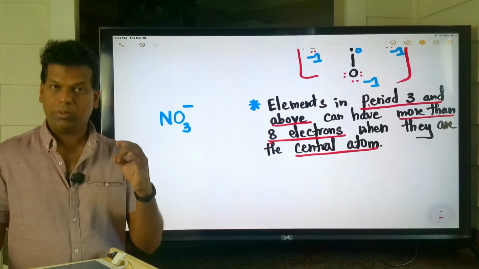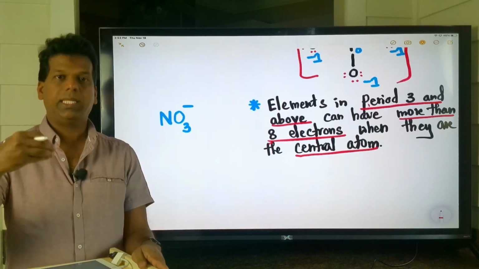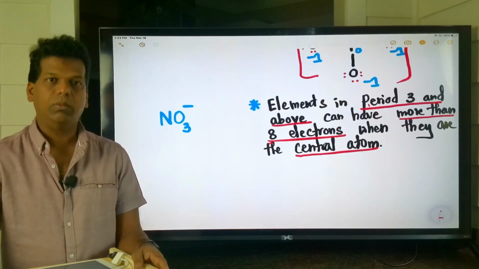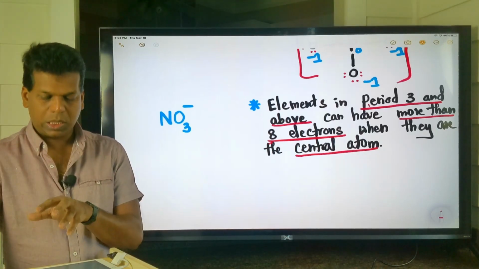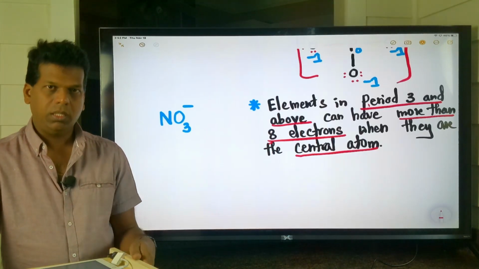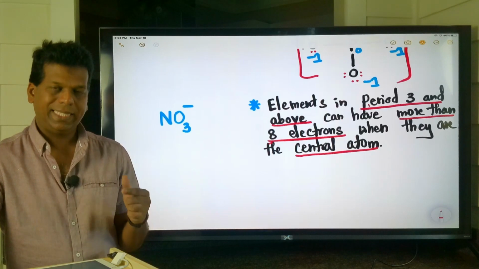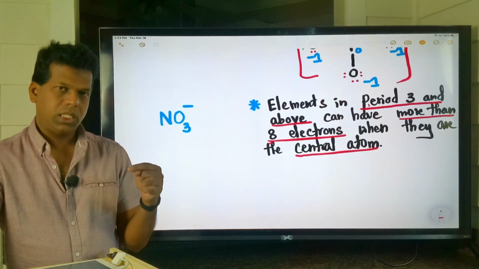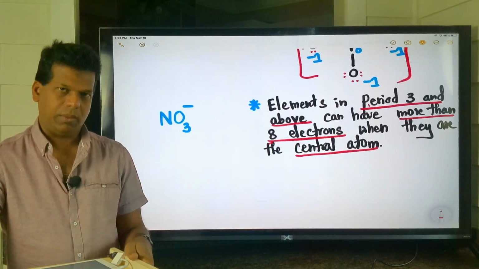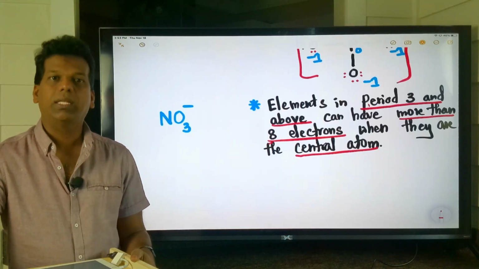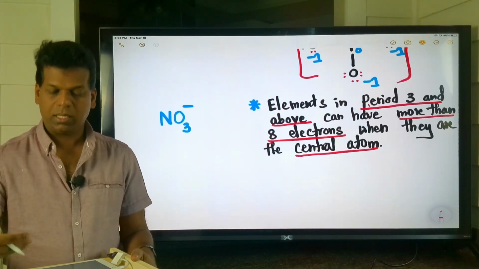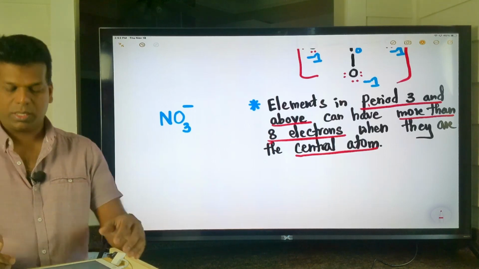They must have 8 electrons. Only when they are the central atom can they have more than 8. So when you see this statement, you need to understand that the elements in period 2, for example, cannot have more than 8 electrons.